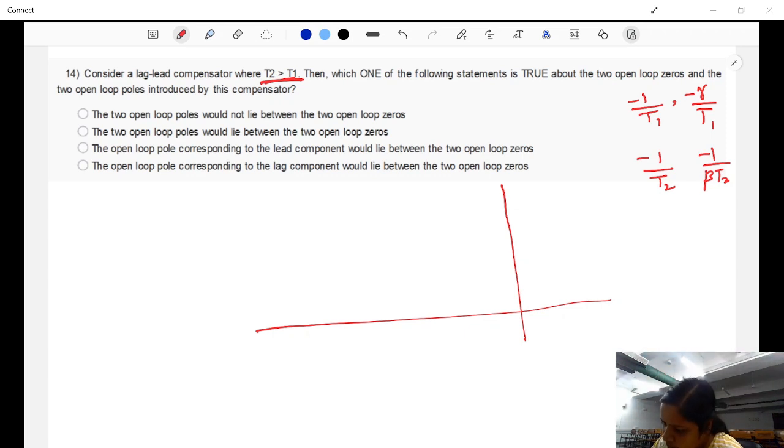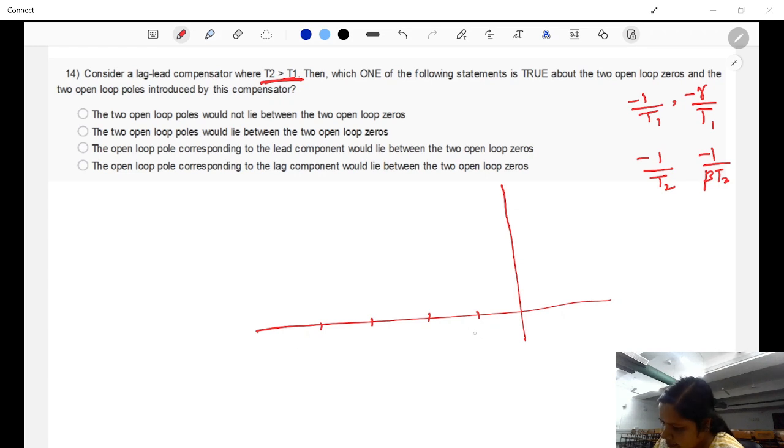So let's place them. Given that all the terms are greater than 0, and gamma and beta both are greater than 1, we need to place them at 4 positions.